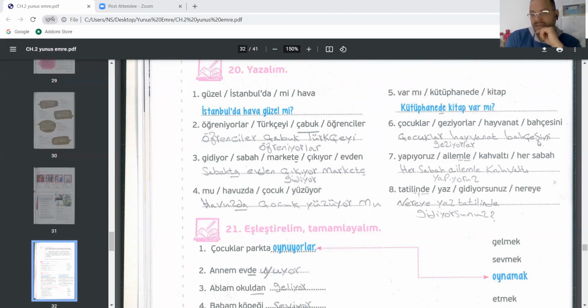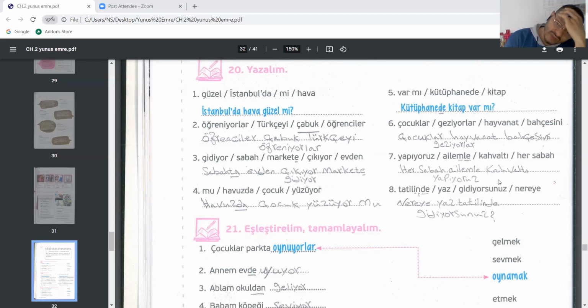Bahçe, S, after that, delta vowel letter. After that, another N to be between these two vowel letters to be hayvanat bahçesini geziyorlar. Her sabah ailemle kahvaltı yapıyoruz.